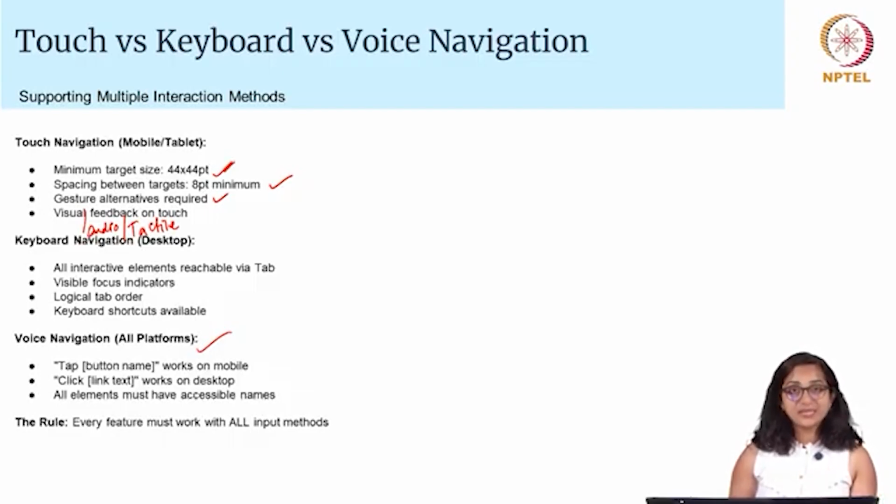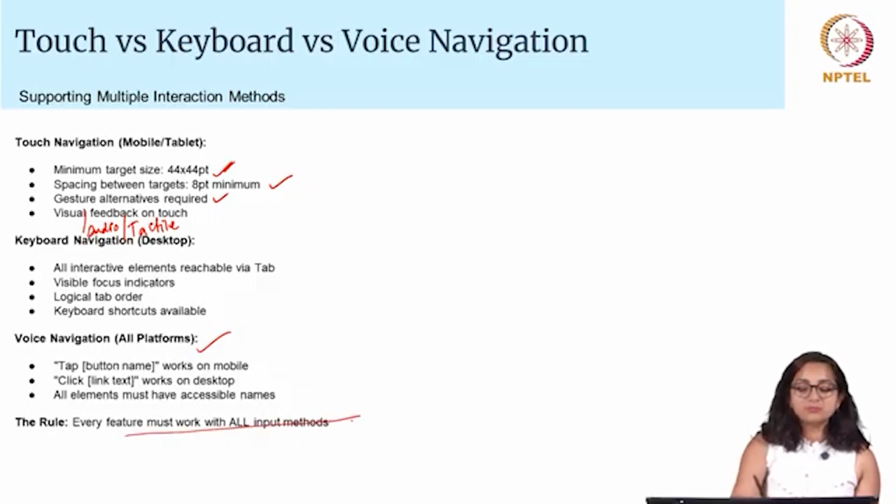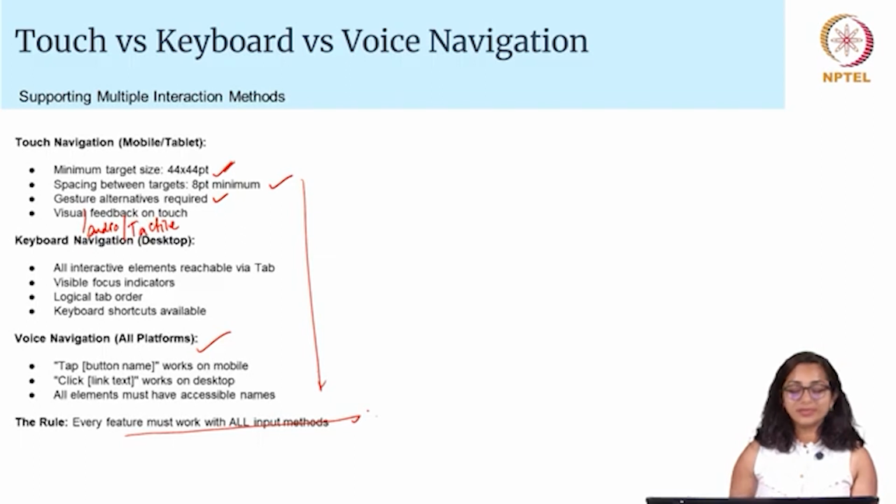All elements must have accessible names. So every feature must work with all of these kinds of input methods. So in order to ensure this cross platform responsiveness, you have to ensure that all interactive elements, buttons, links, clickable items, drop downs, everything is accessible through all of these methods.